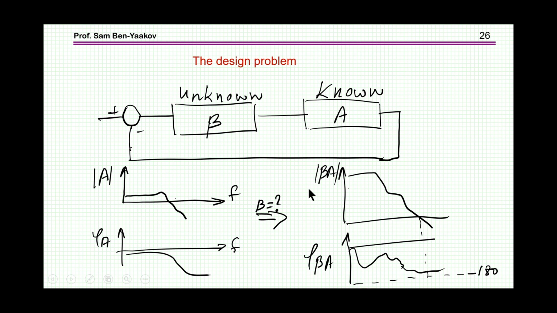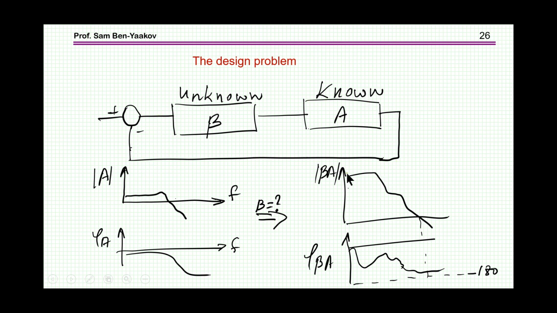So let me sum up what we have learned today. We have a known part, we have an unknown part. Here I'm just putting 1, or it could be K. This is the known part, and this is the phase of the known part. And I want to stabilize the system, and I want a certain bandwidth. So I have to add a controller, the unknown part, that will move this one up.